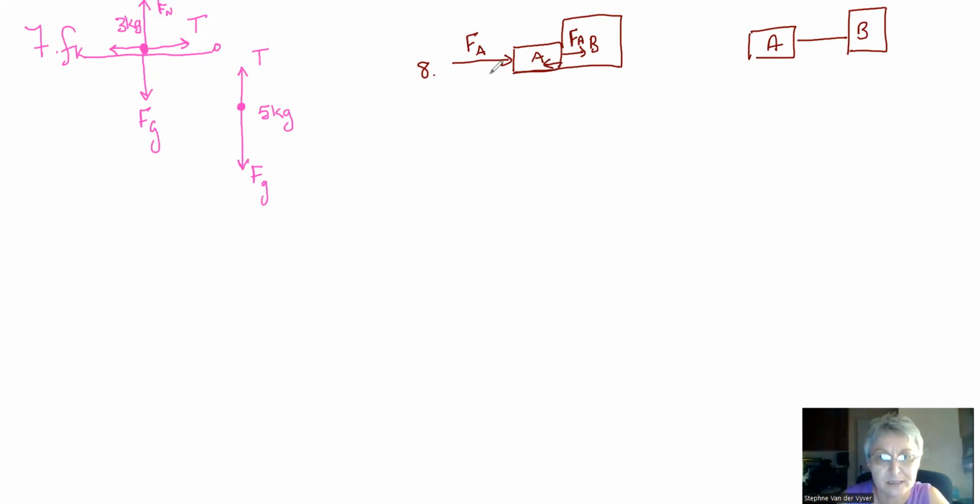In number 8, they said it's frictionless. This surface is frictionless. And the whole thing accelerates to the right.